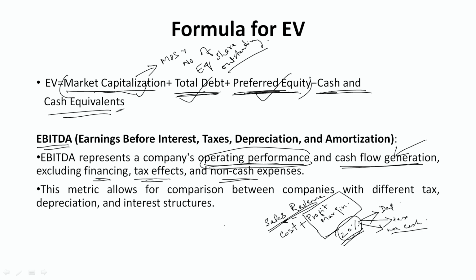So this particular measure to find out the value of a share is used for comparison between different companies with different tax rates, depreciation rates and interest structures. It is not necessary that all the companies will have the same EBITDA.